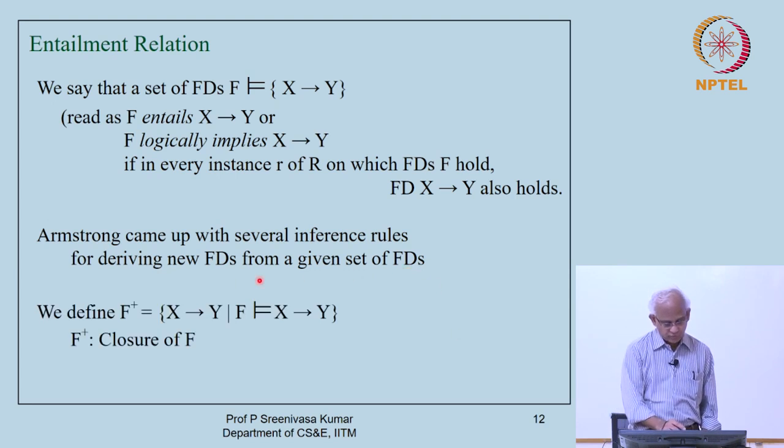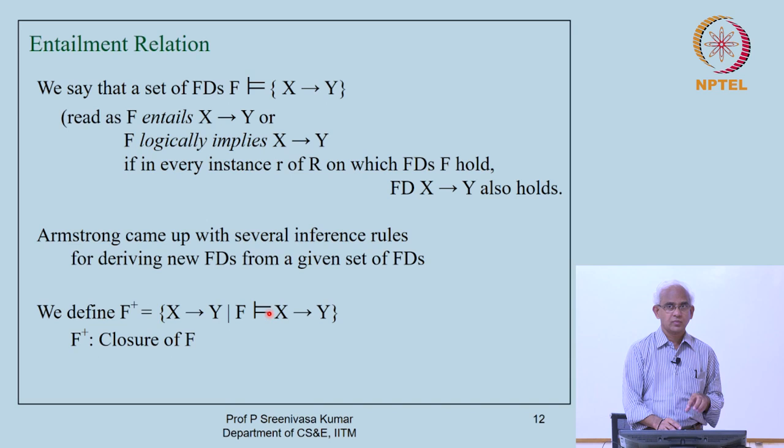Before we go, one more notation. We call this F superscript plus, F plus, the closure of F, which is the set of all functional dependencies X determines Y that are logically implied by the given set of functional dependencies.